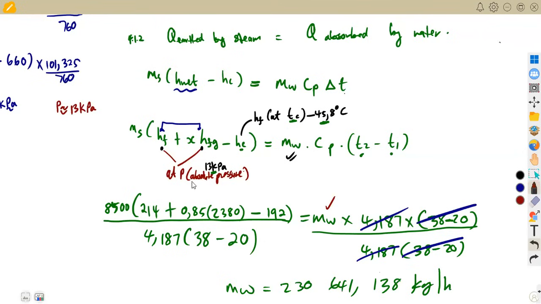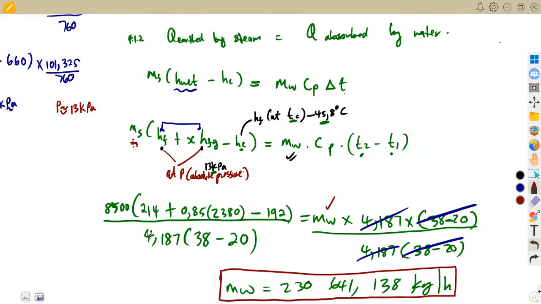Because the mass here for steam was in kilograms per hour, it means the mass of water you are going to obtain in kilograms per hour. So that's the formula: the heat emitted by steam equals the heat that is absorbed by water.